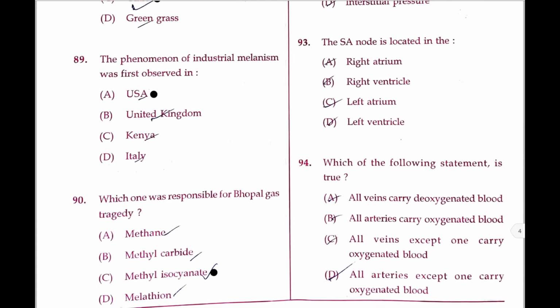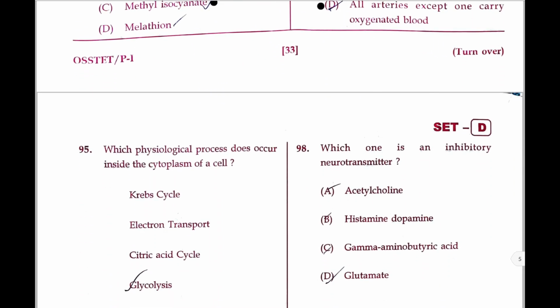The SA node is located in dash, and the answer is right atrium, that is option A. Then, which of the following statements is true? The answer is D, that is all arteries except one carry oxygenated blood. That exception is the pulmonary artery.